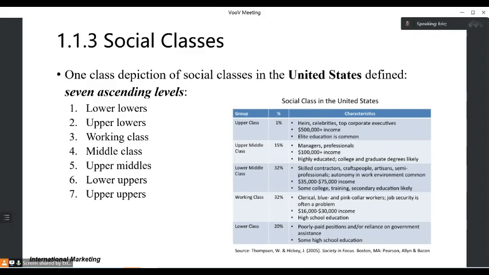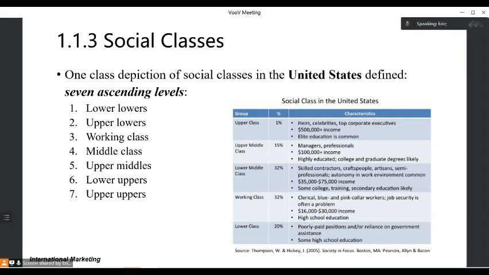So we get these 7 levels. And we find that people in the same level have similar or the same interests, and they are different from each other.